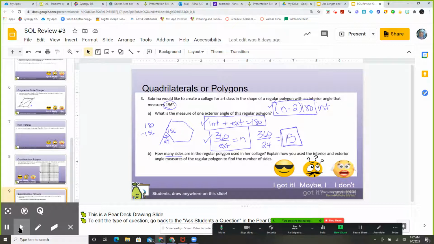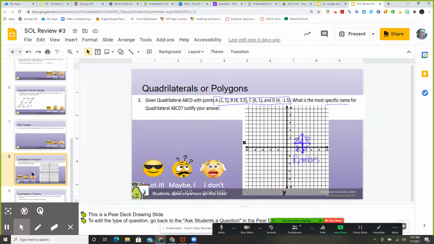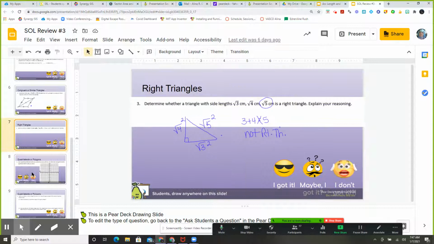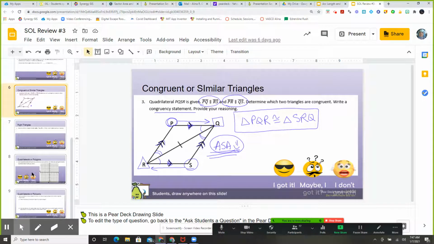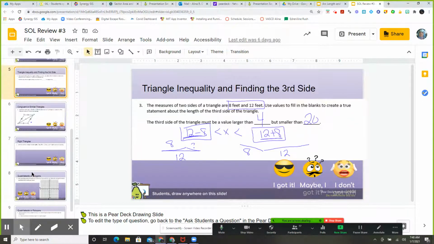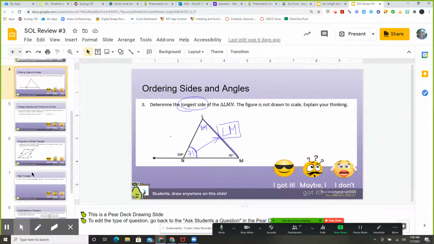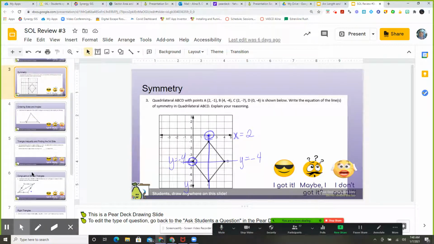So we've got equations for polygons. We've got plotting and identifying the quadrilaterals, Pythagorean theorem for right triangles, labeling everything and then finding the corresponding parts for congruent and similar triangles, subtracting to find the smallest side, adding to find the biggest side, triangle sum, and then the longest side is always opposite the biggest angle, drawing those lines of symmetry and then looking for the intercepts.